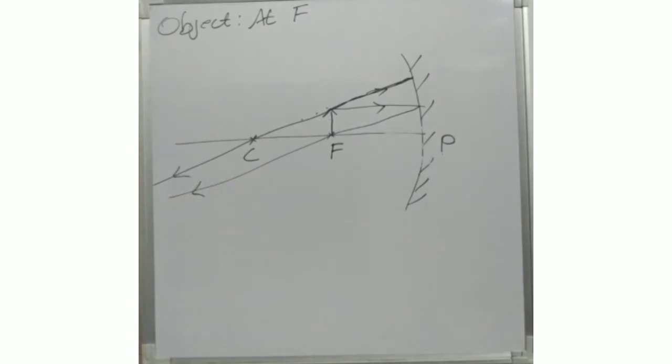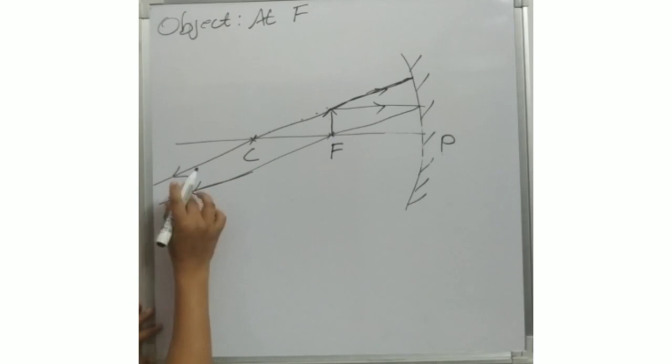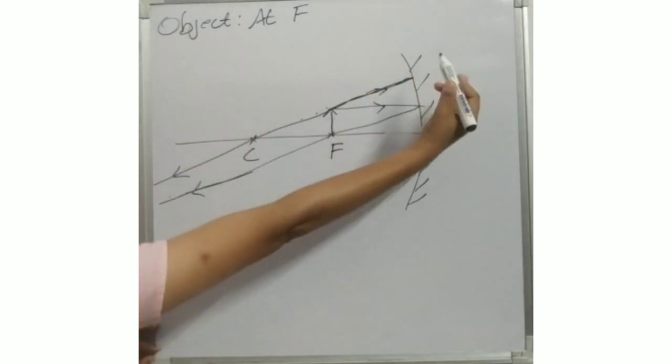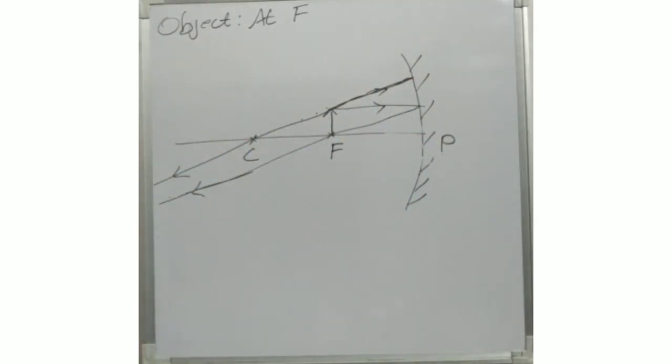Now we can see these two are parallel lines. Parallel lines won't meet each other at any point, even if drawn in the backward or forward direction. So we assume that they meet at infinity.